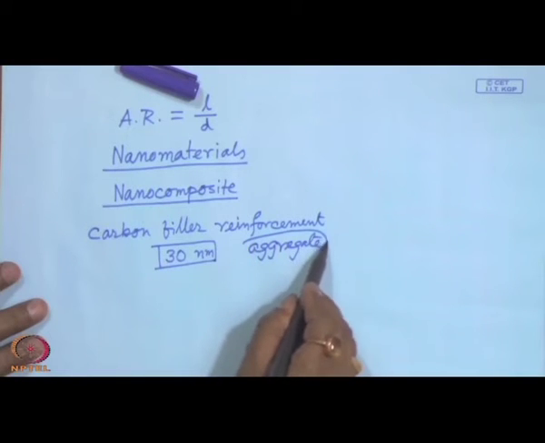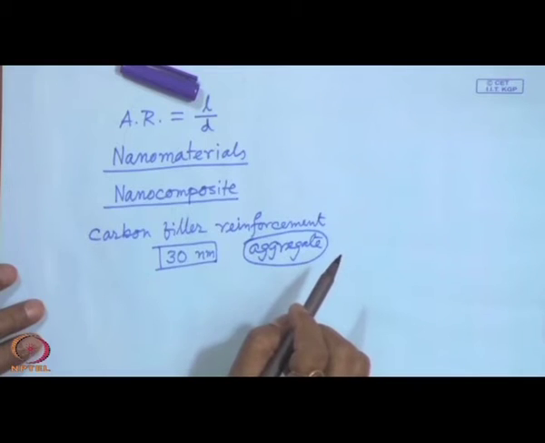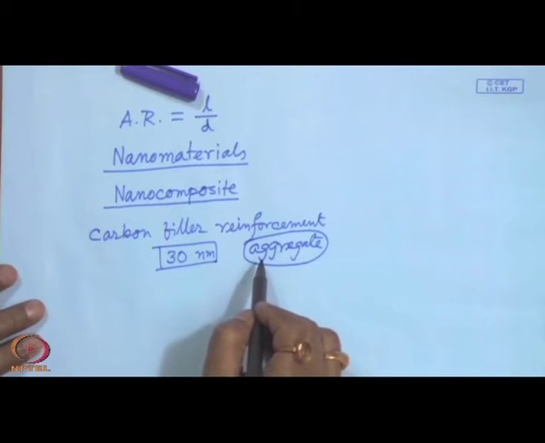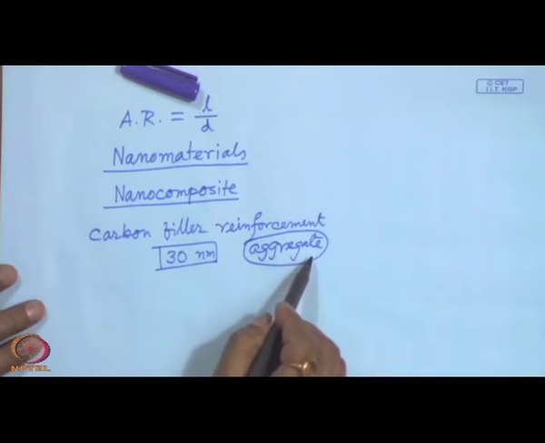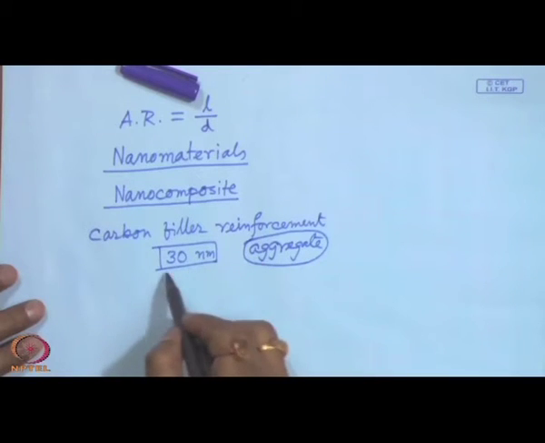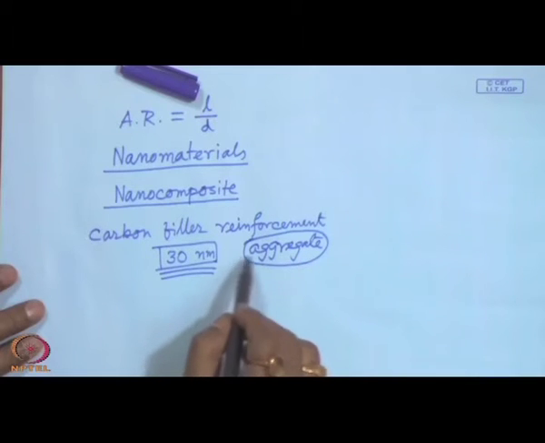So, in the rubber matrix, these carbon black fillers are no longer nano filler that way, because they form aggregates. Until and unless they are dispersed or broken to such dimension, that cannot be a nano filler.